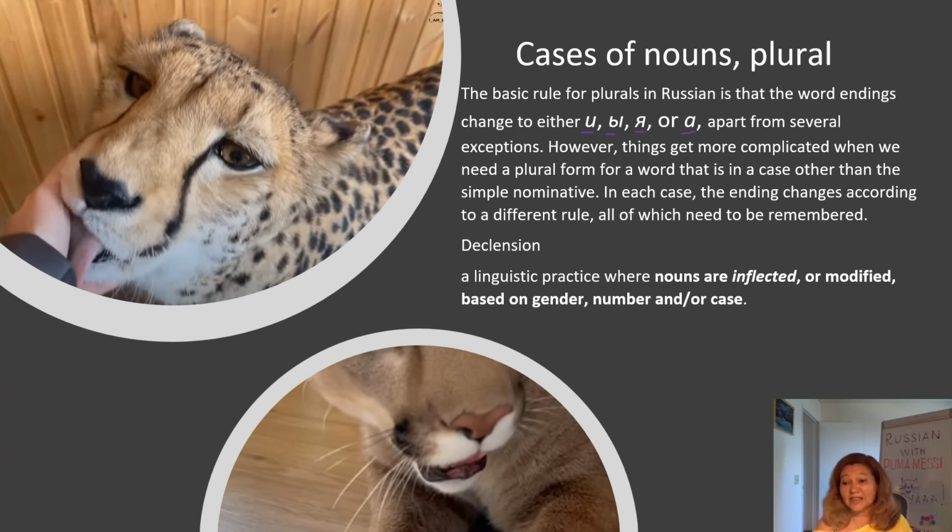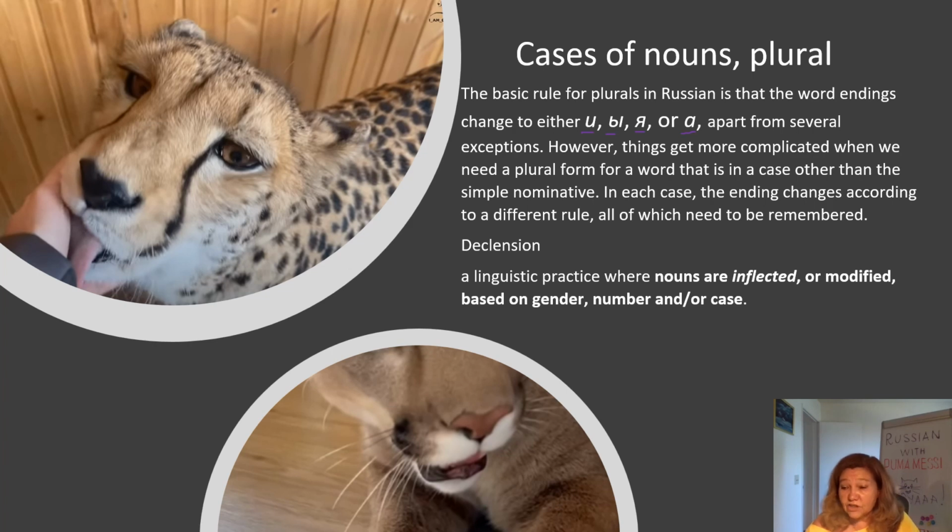And we know that we have 6 cases in the Russian language. Also, the endings of nouns in plural depend on the declension of the noun. In general, if we distribute all nouns in the Russian language, there are 3 declensions.